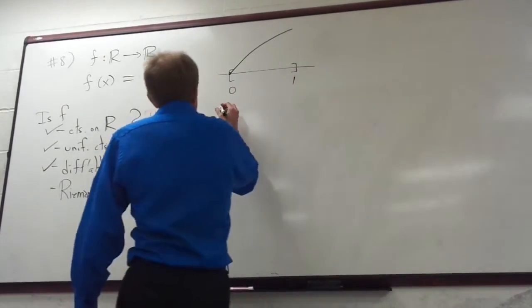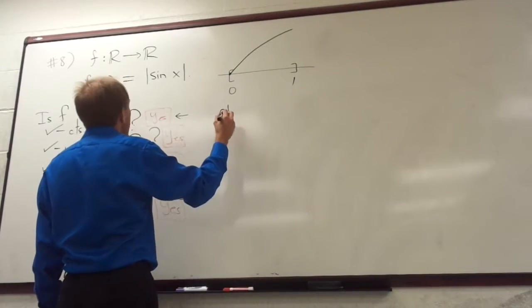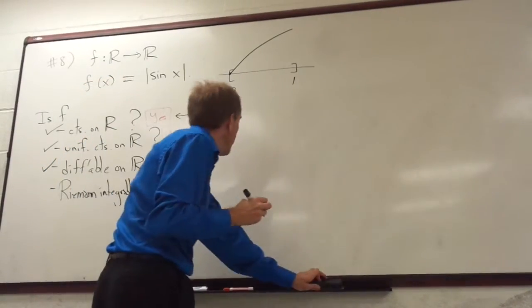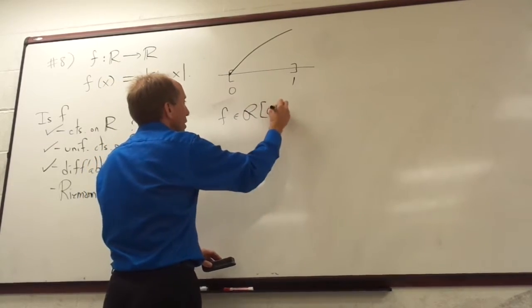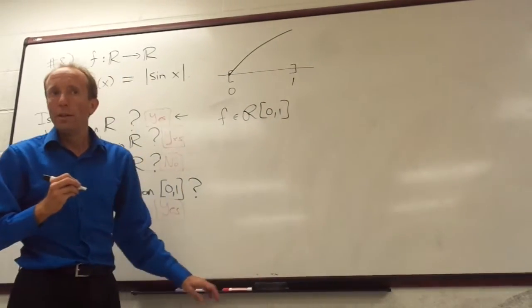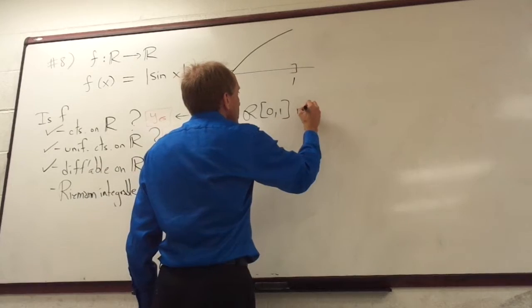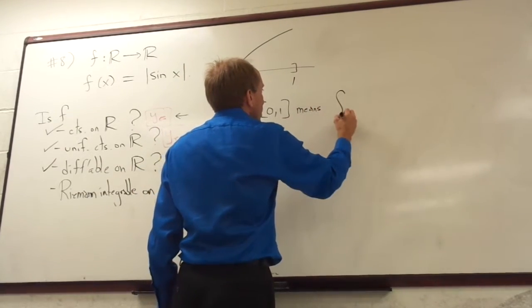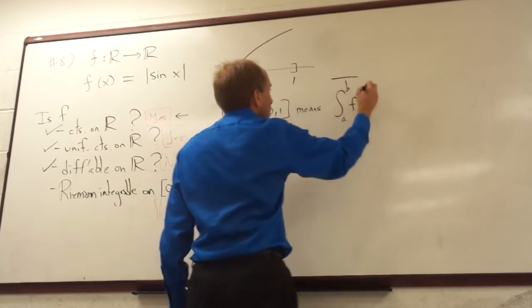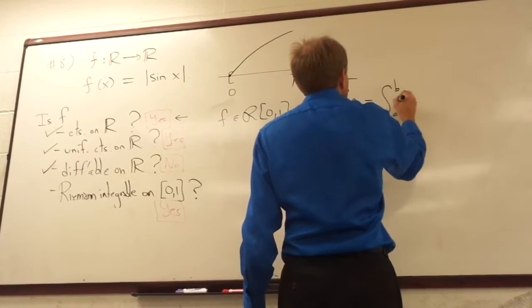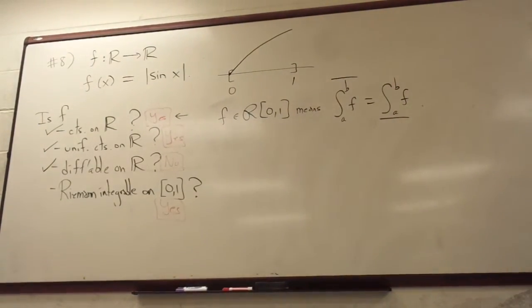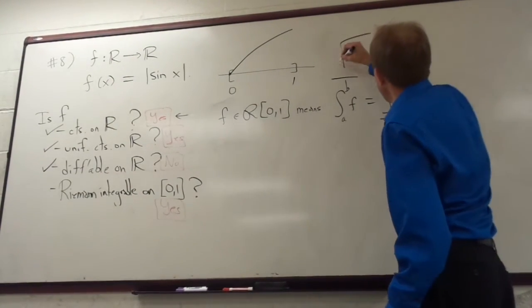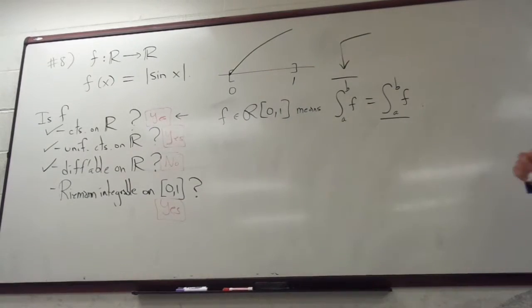Remember what it means. So to say that f is Riemann integrable on an interval, it just means that the upper and lower Riemann integrals, this is getting into the material we just learned recently, have to be the same. And remember, just to remind you here, this one right here is the upper Riemann integral.